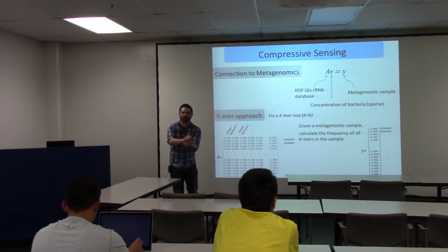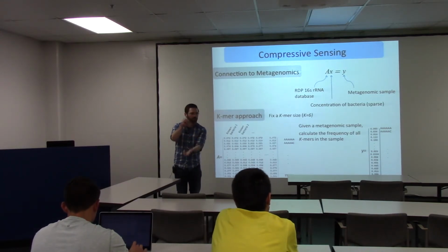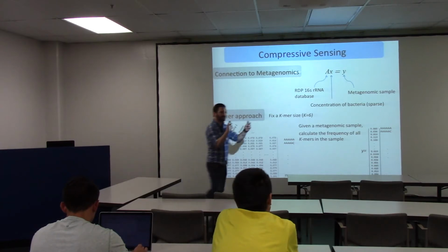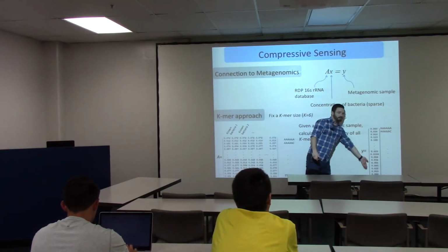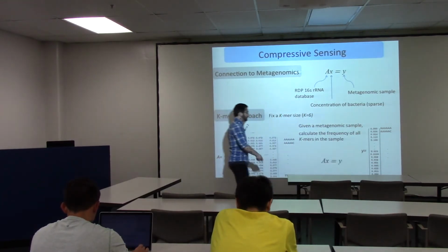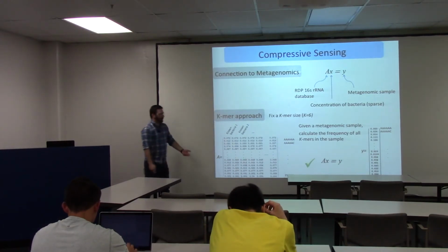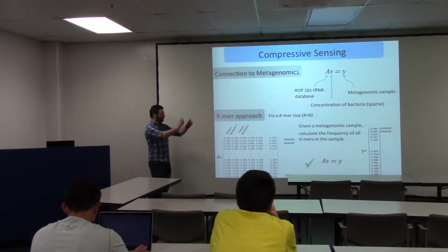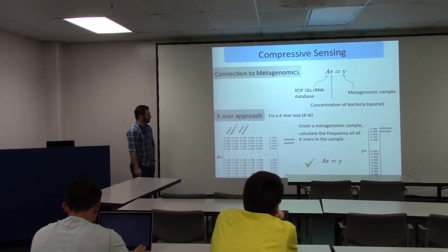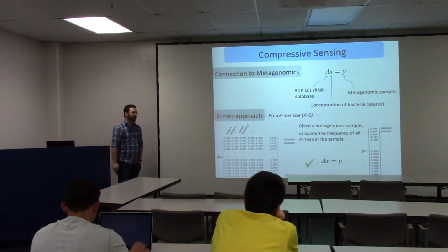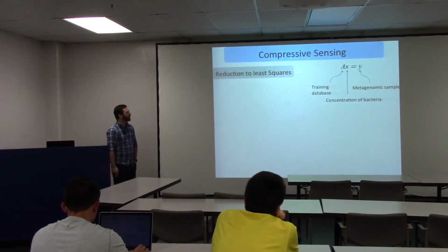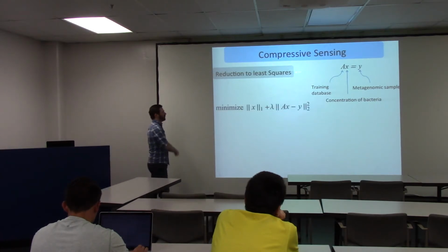This is the compression part of compressed sensing. We've reduced our whole sample down to a signature that just consists of frequencies of 6-mers. And then you can show that AX equals Y. Just calculate it out. So we are exactly in this compressive sensing regime. Great. We can do this.